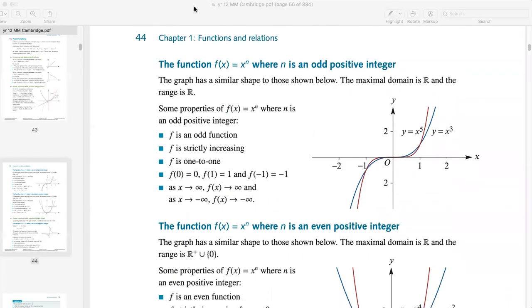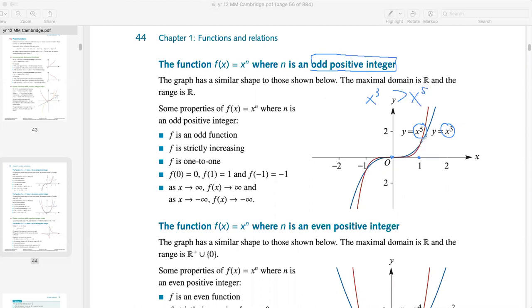And again, this is my point, I emphasized before: odd positive integers, such as 5 and 3. But just make sure of one thing. If your teacher or the assignment or your SAC asks you to draw the graph on the same x-axis, from 0 to 1, my x cubed is always greater than x to the power 5.